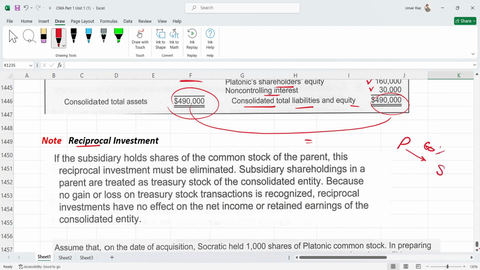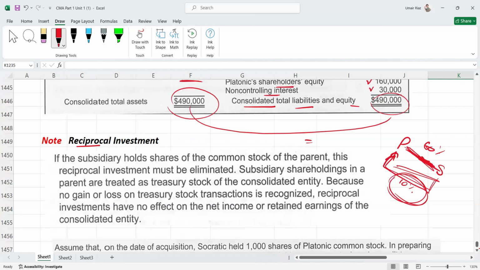Sometimes maybe the subsidiary may have invested in the parent, let's assume 10% of stock. So this is called reciprocal investment. And this is also called intercompany investment. But reciprocal investment must be eliminated.